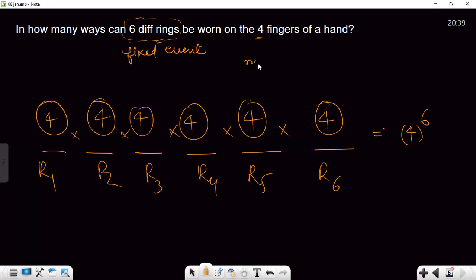that number of fixed events or elements, raised to power number of chosen events or elements.